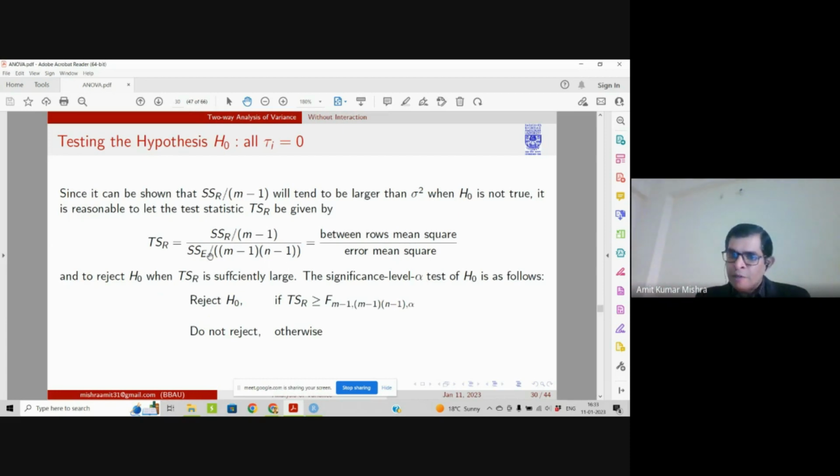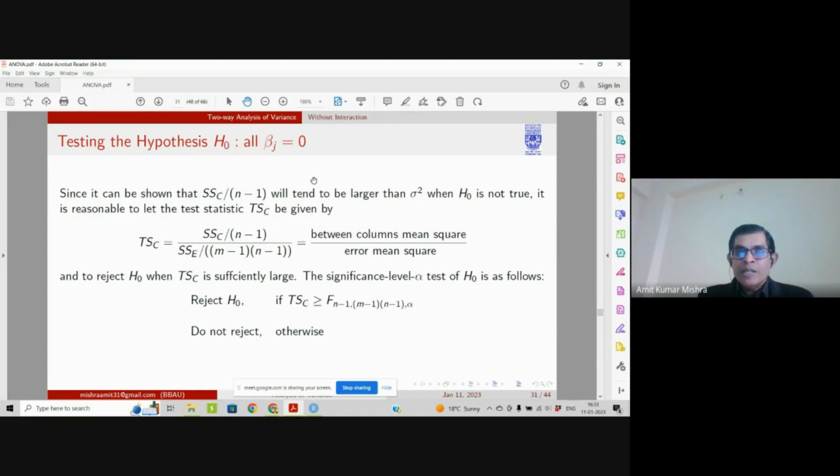That will estimate sigma square very well. Now this ratio will be significantly large if SSR upon m minus 1 is high, and that will be high if H0 is not true. So you can reject the null hypothesis if this is significantly large, that means it crosses the critical value.